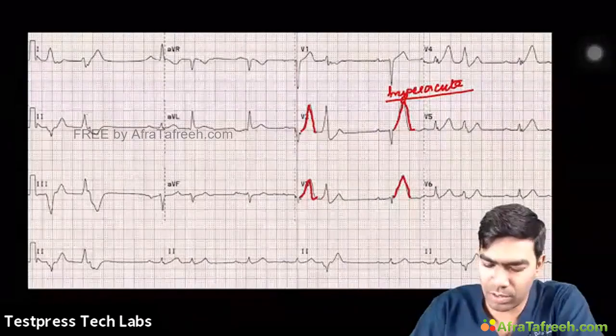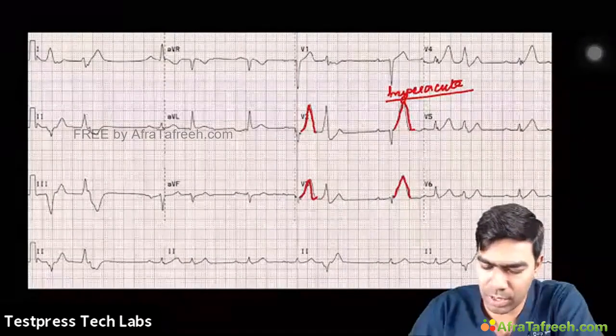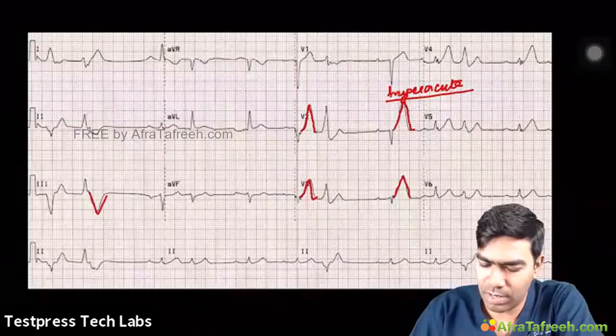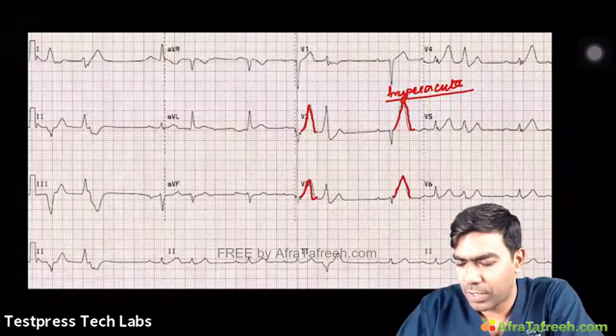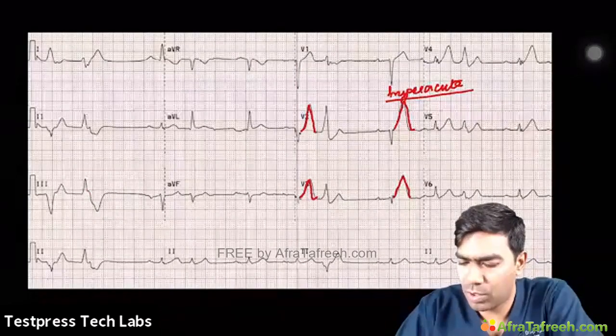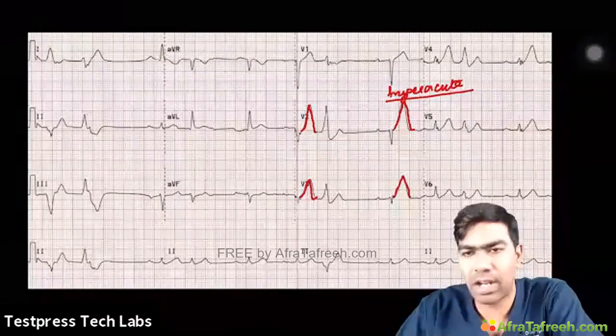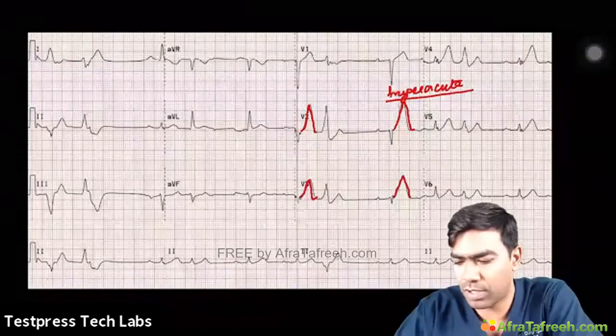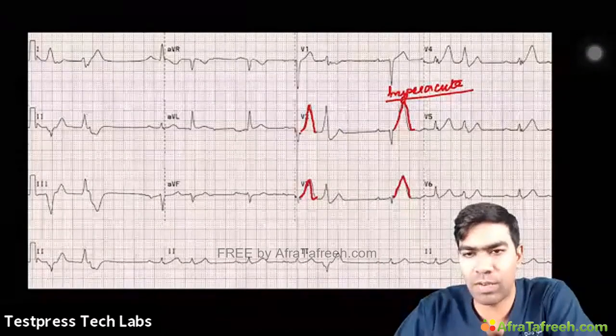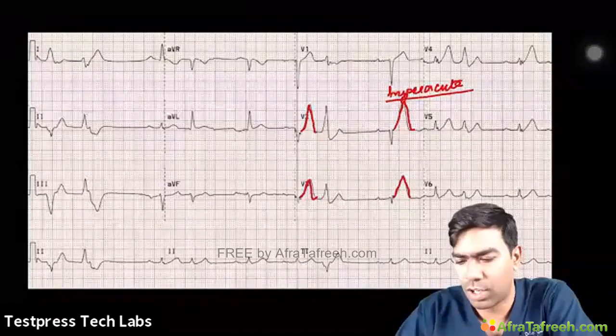Reciprocal depressions are also there; for example, you can see deeper T wave inversions here. That's not an issue. But more importantly, there are some PVCs also. I'll tell you about premature ventricular complexes later on, but that is not important here. This is just to show an example of a hyperacute myocardial infarction, which shows tall T waves.